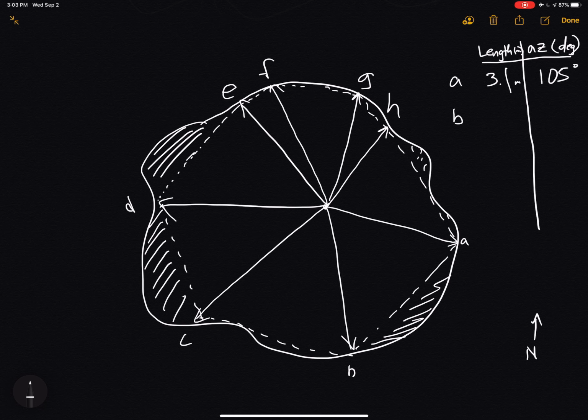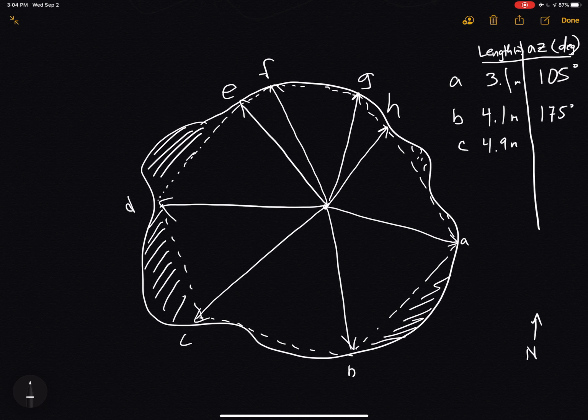And B is almost pointing south, but not quite, so let's call that 4.1 meters, and at 175 degrees. And C is a little bit longer again, so let's call that 4.9 meters.